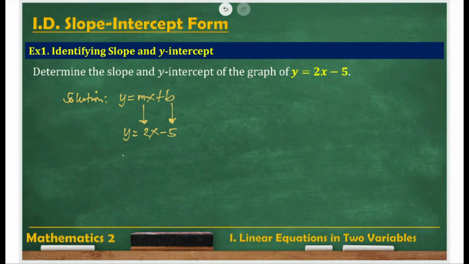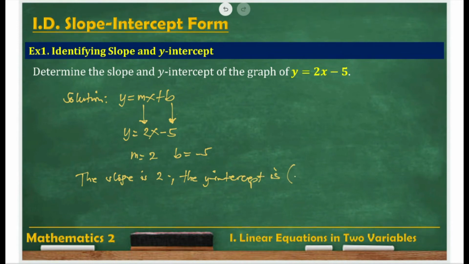So here, we have m is equal to positive 2 and b is equal to negative 5. And so this slope is positive 2 and the y-intercept is the point with coordinates (0, -5).